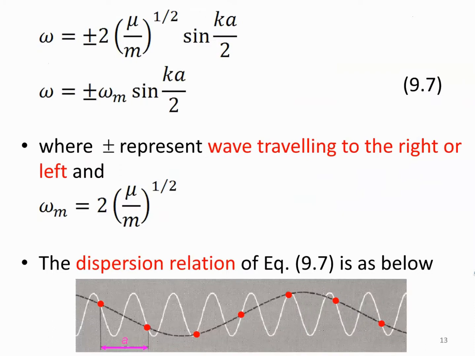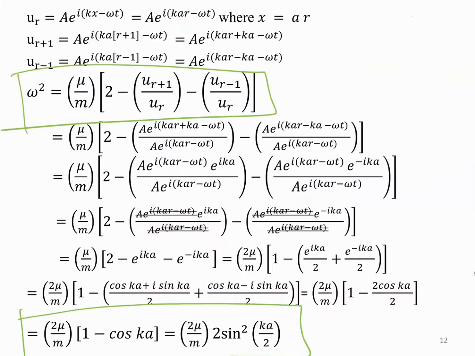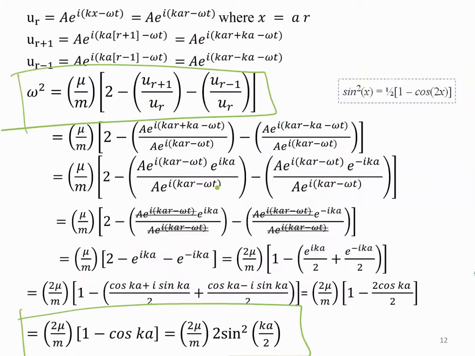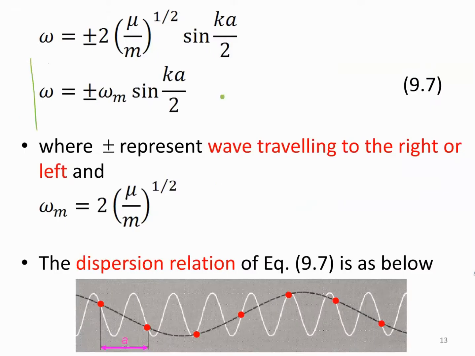Okay, then omega equal to blah blah. Then you also get omega equal to this one, when you square both sides. So this positive negative represents the wave traveling to the right or to the left, because a wave can travel in the left direction as well as the right direction, it doesn't matter. So when positive then right, negative then left.